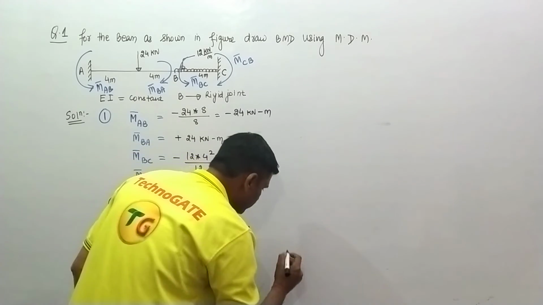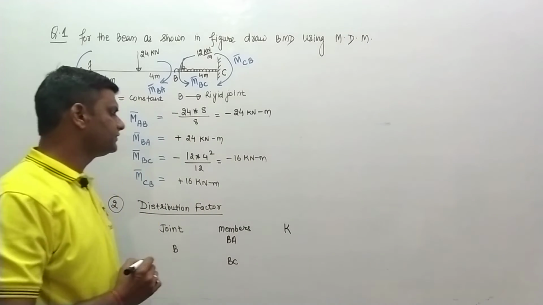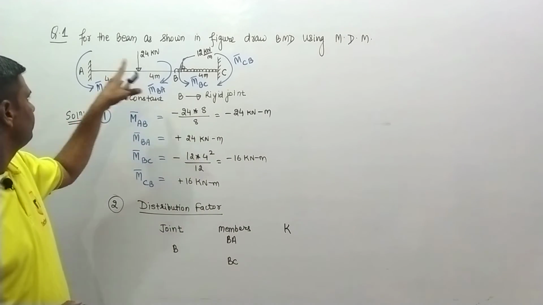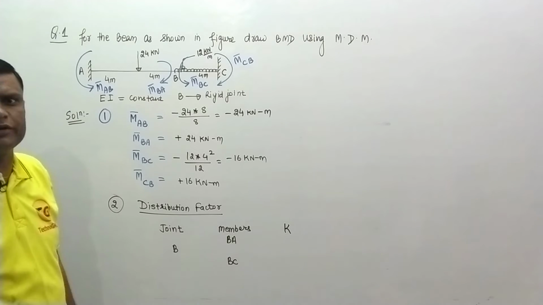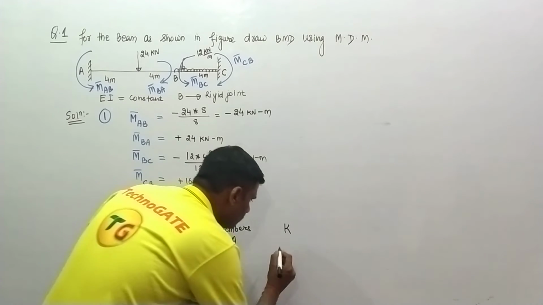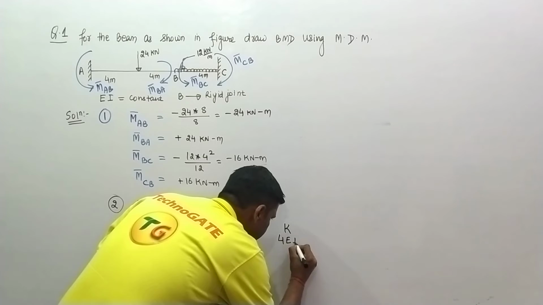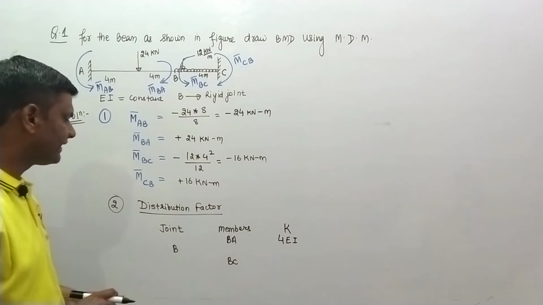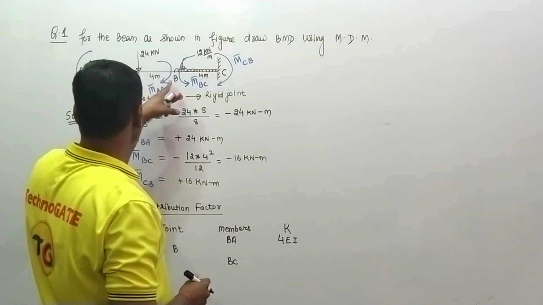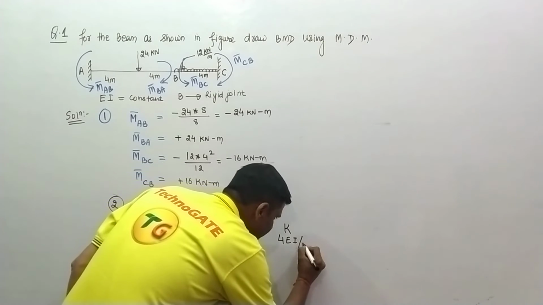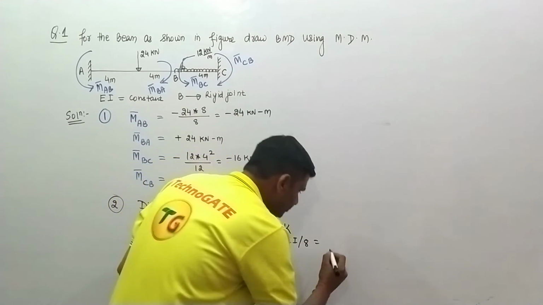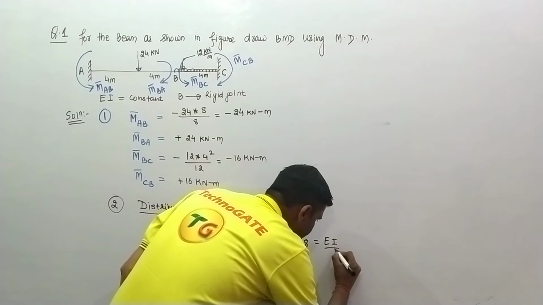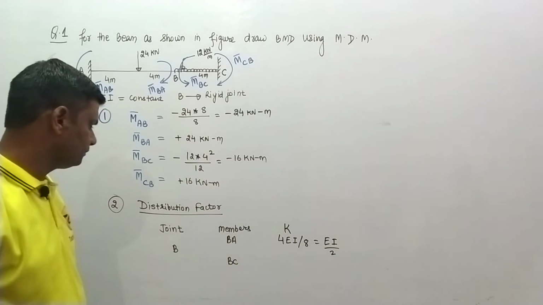Initially we have to calculate the value of K, that is the stiffness. For the B end, the far end is fixed, so the value is 4 EI by L. L is 8 meter, so the value is EI divided by 2.